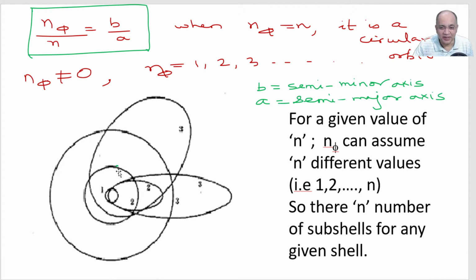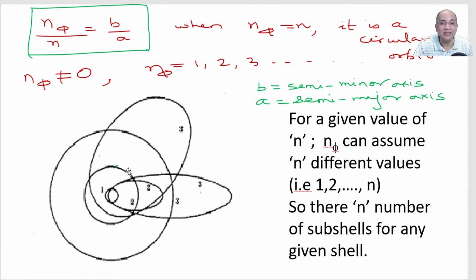For example, the first cell, n phi is equal to 1, and since the principal quantum number n is equal to 1, nr is bound to be 0. So when n phi and n are the same, this ratio is 1, then b is equal to a.